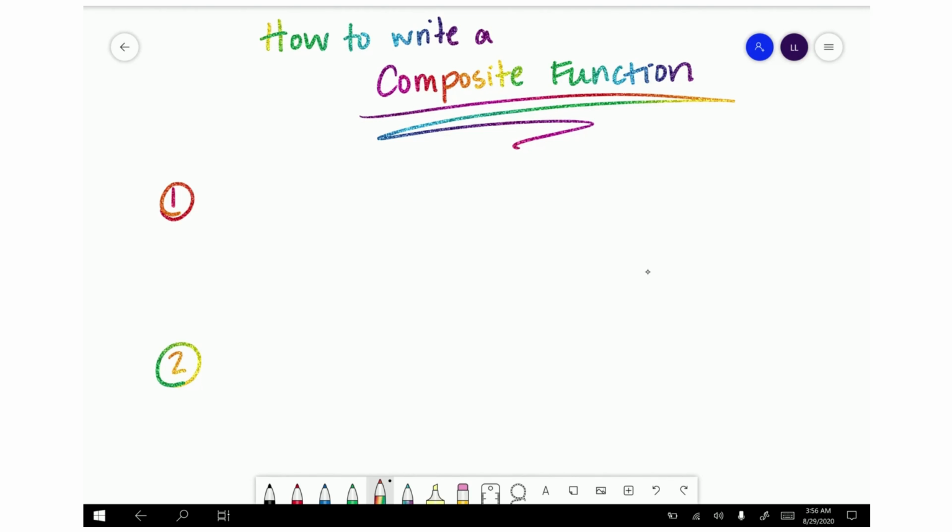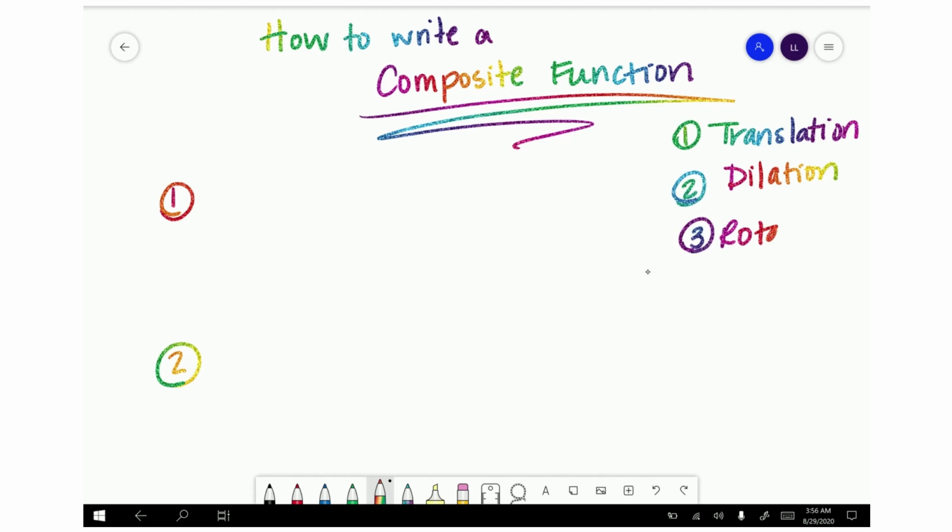I'm just going to write over here again what order it went in. I did a translation first, then a dilation next. So this was one, this is two, then I did a rotation, and then I did a reflection.